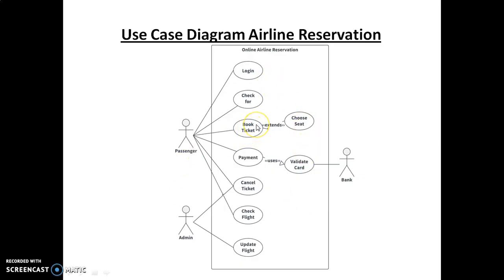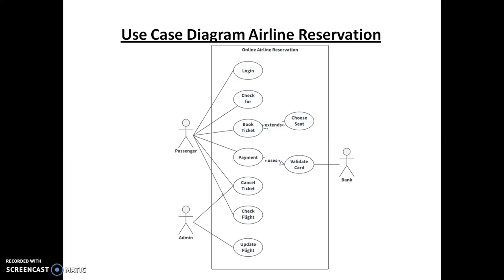Okay. What is the use of extend? In the previous example, we have seen the include relationship, the include association. Then what is the use of extend? The extend relationship is mainly used when an extended use case is connected to the base use case. That means this use case is connected to this base use case, which is the book use case.